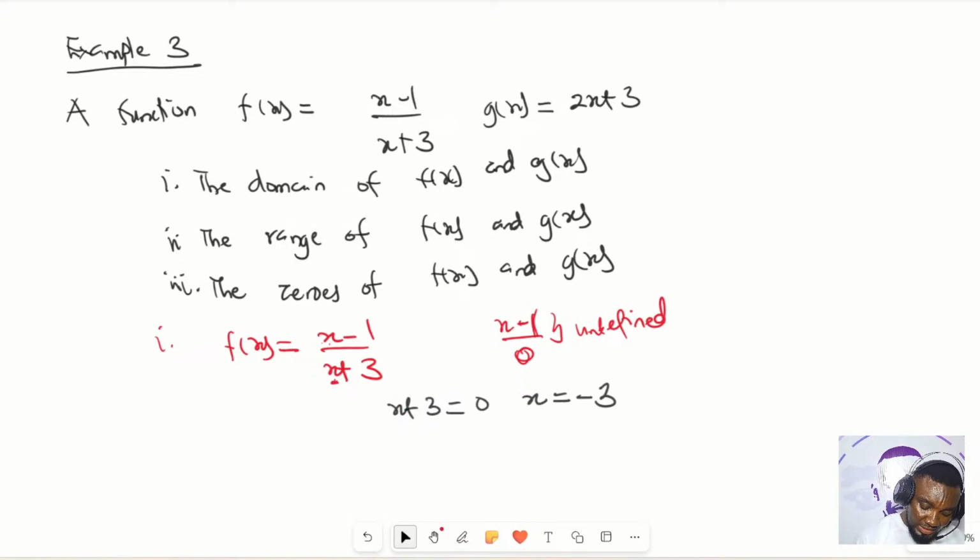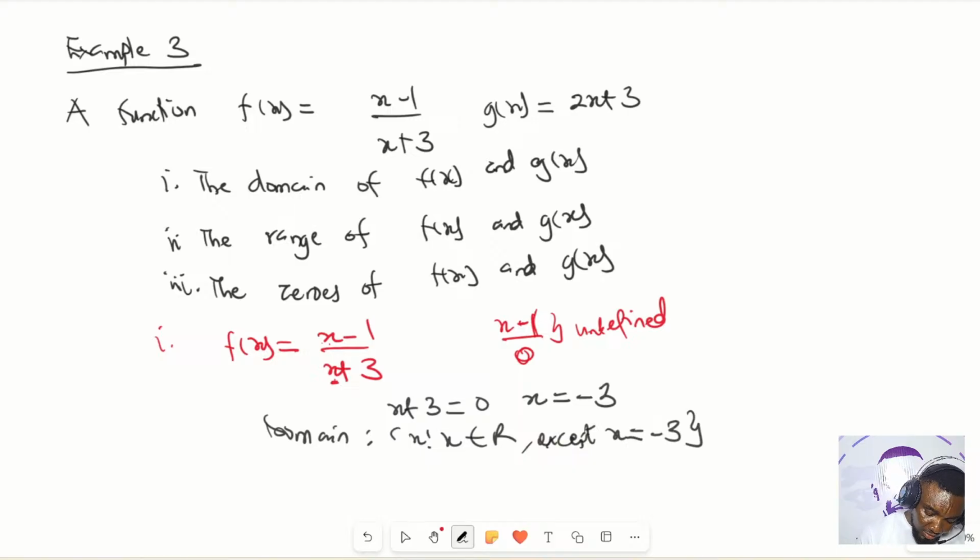So it means that we can say that the domain of this function is x such that x is a member of all real numbers, except when x is equal to negative 3. So that is one way of writing the domain.